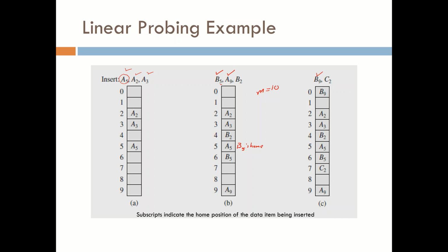So I add 1 and I get 10, and I mod 10 by 10, and that allows me to put B9 into location 0. We've got one more data item, C2. It can't go here, it can't go here, it can't go here, because B2 is already here, A5 is here, B5 is here. So it's way down here before I can actually place C2 and insert it into the table.